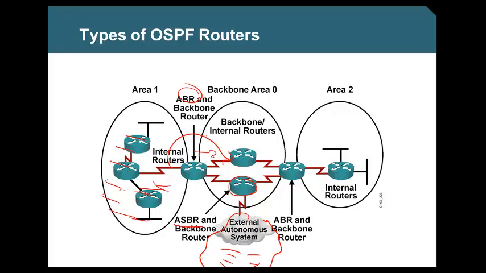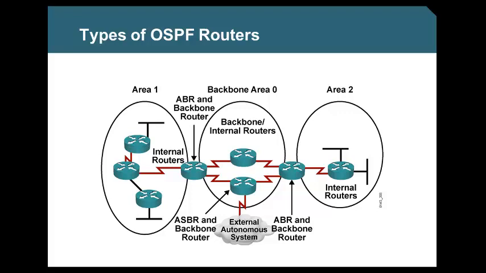So in OSPF, you have two types of summarization. One is ASBR summarization, which is done for the external networks. And another one is ABR summarization, which is done for the networks of one area before they go to another area. You understood? Yeah.